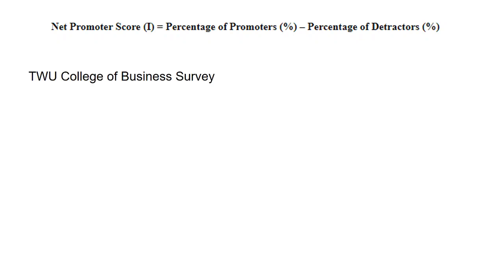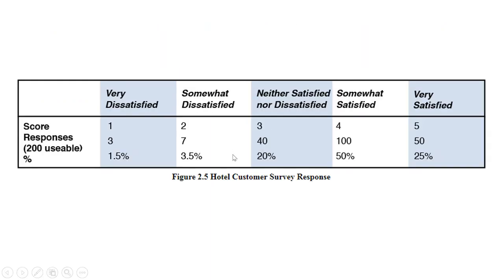TWU sends out a College of Business survey. They're going to interpret the 4s and 5s as the promoters.